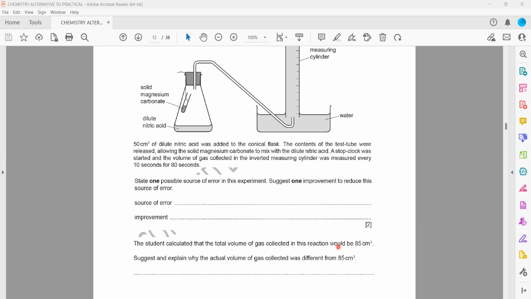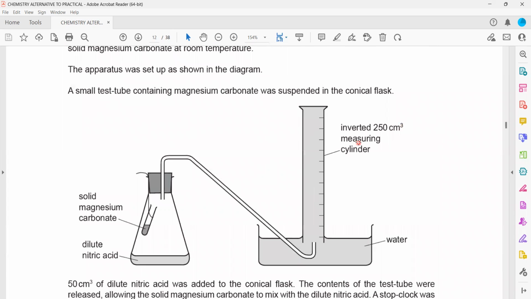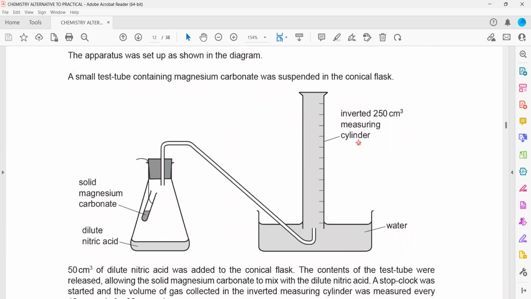Even if you see the measuring cylinder, it's a 250 cm cube measuring cylinder. 250 cm cube is a large volume, collecting 250 cm cube of a gas in a lab. So either we use a smaller measuring cylinder or we use a gas syringe.